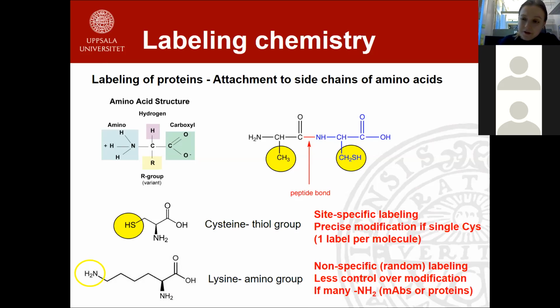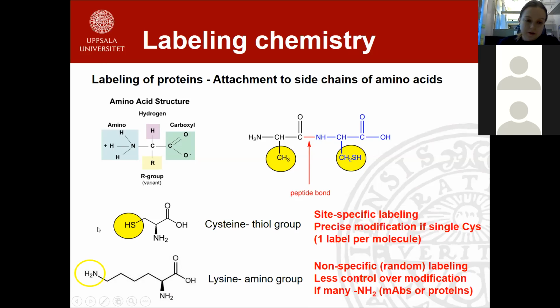From the regulatory point of view, the FDA, Food and Drug Administration in the US, has quite strict rules about that, and sometimes you can even reject those candidates. So basically site-specific modification is better than non-specific modification, but sometimes you're limited by the chemistry you can use.